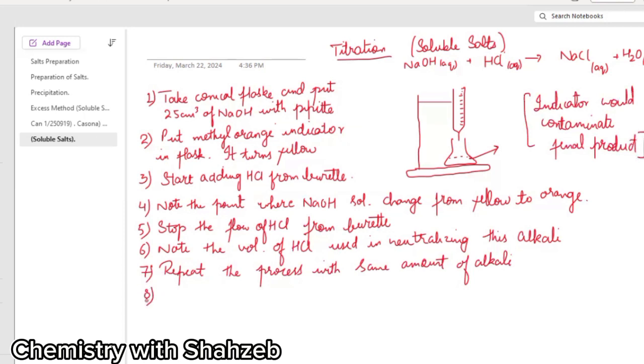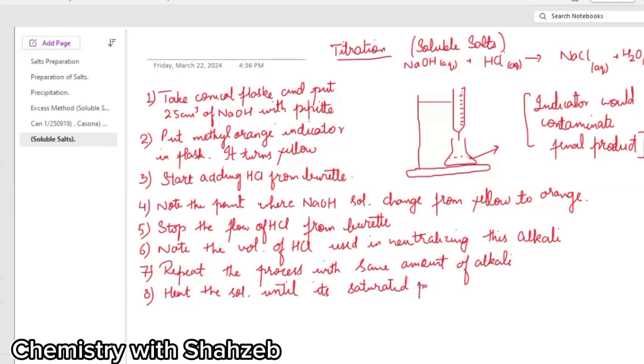Now what are we going to do? We are going to heat the NaCl solution until its saturated point. The remaining process is the same as we observed in the excess method.